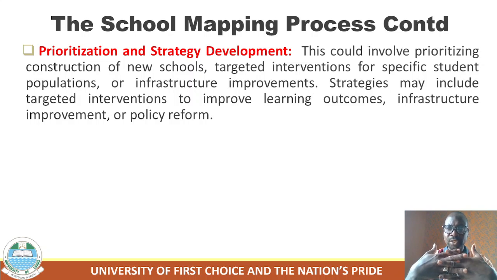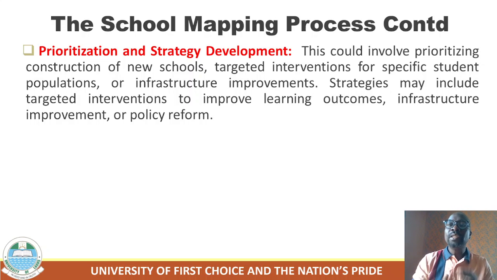You marry the information with the data that you have collected, processed and analyzed. You juxtapose them with the information from the stakeholders' engagement. Through that, you will know what to do first. So we need to prioritize and embark on strategic development.